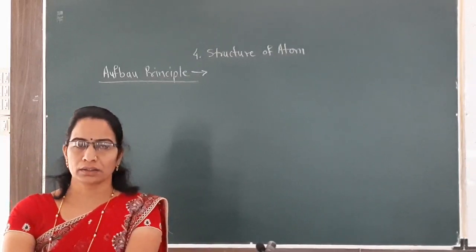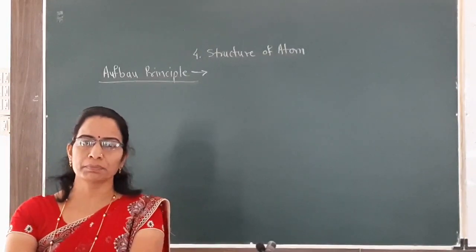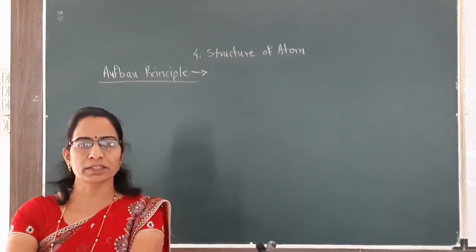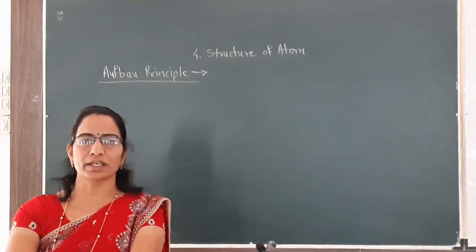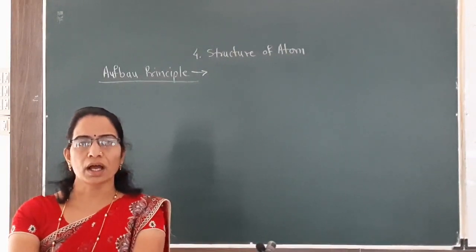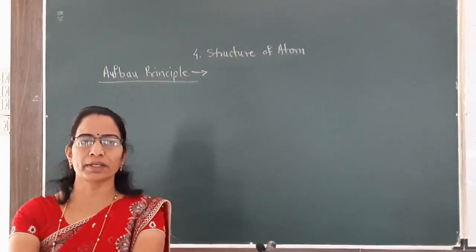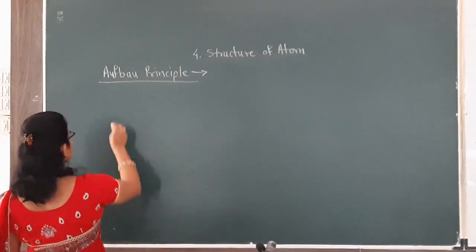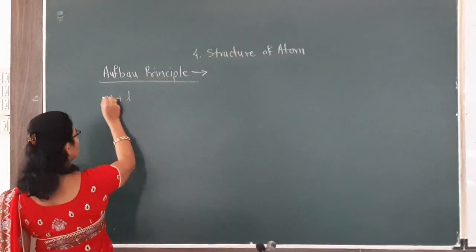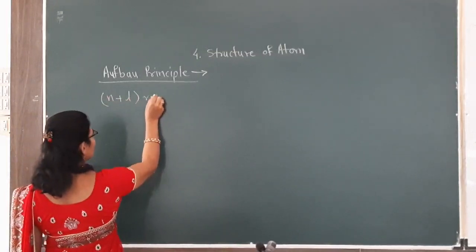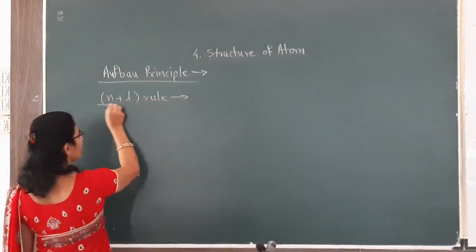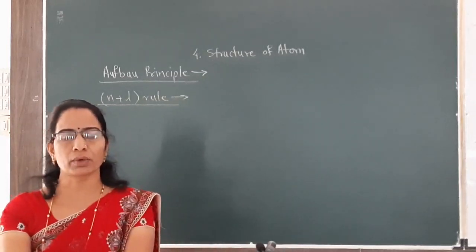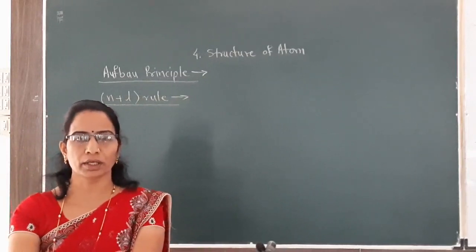We know that the atom possesses orbits, they are having different energies. Obviously, the orbitals will also possess different energies. And these energies of the orbitals are decided by one rule which is named as n plus l rule. Because the energy of an orbital depends upon mainly two quantum numbers, principal quantum number and azimuthal quantum number.